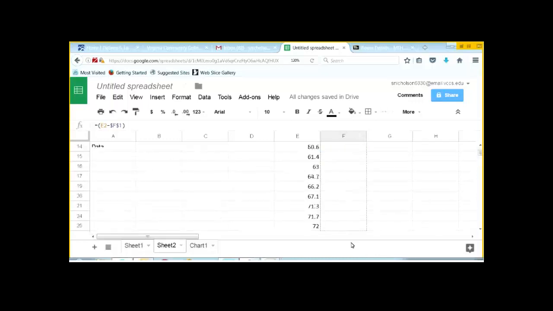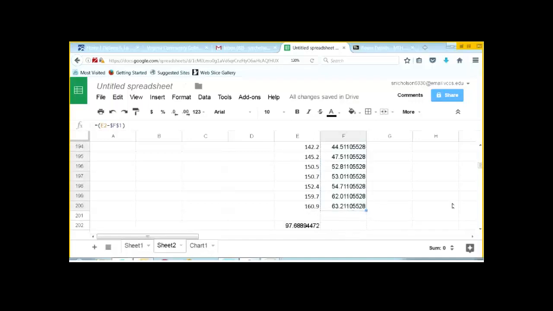Oh, went too far. Okay, make sure you don't go too fast. I'm watching the row numbers so I know when to slow down and don't overshoot too much here. Okay, so there's the deviations.